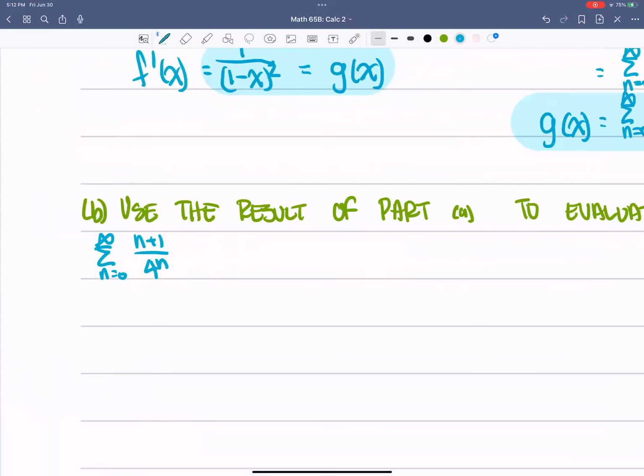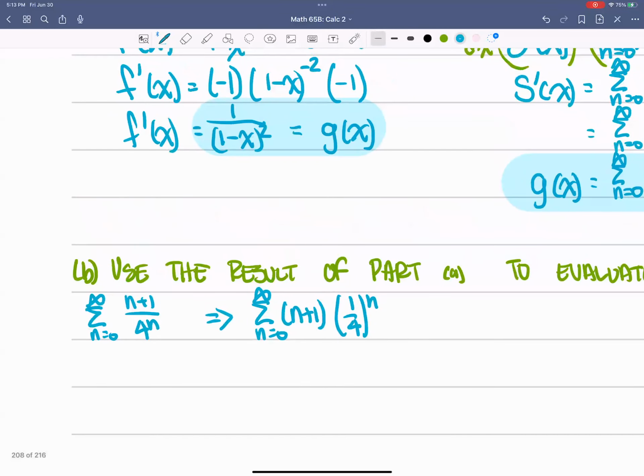All right, so looking at that, we could state this as the sum as n goes from 0 to infinity. Let's pull out that n plus 1, and we could rewrite this as 1 over 4 to the power n. And now that we have that, we could use that right over here and say that the sum as n goes from 0 to infinity of n plus 1 times 1 over 4 to the power n.